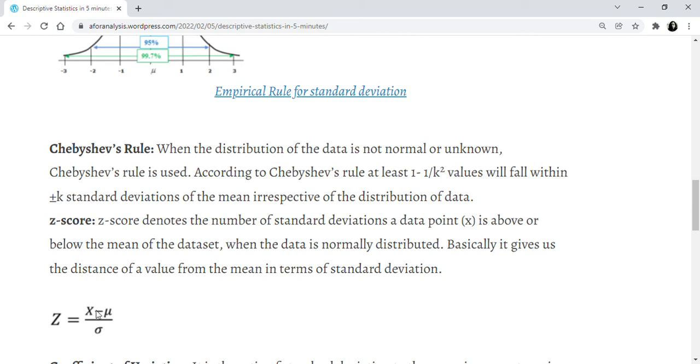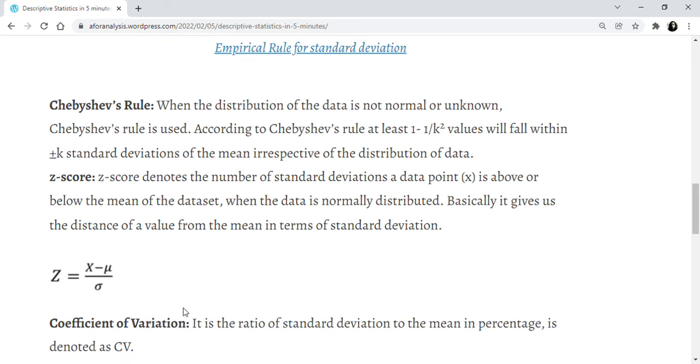First we take the distance between x, the data point, and mu, the mean, by subtracting mu from it, and after that we divide by the standard deviation. So whatever value we get as the z-score of the data point is in units of standard deviation: how many standard deviations above or below the mean of the dataset it is.